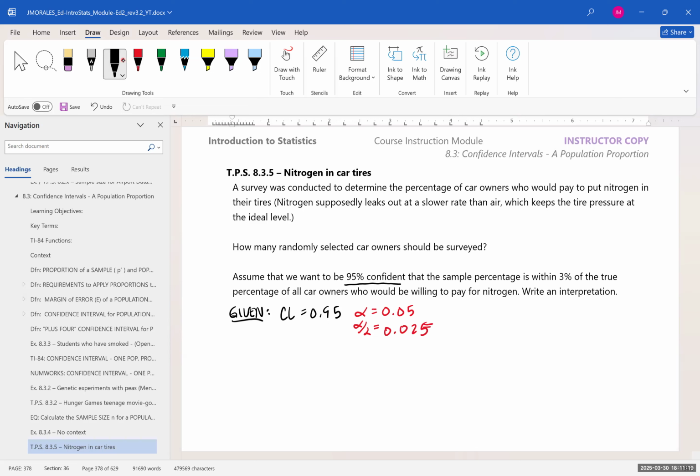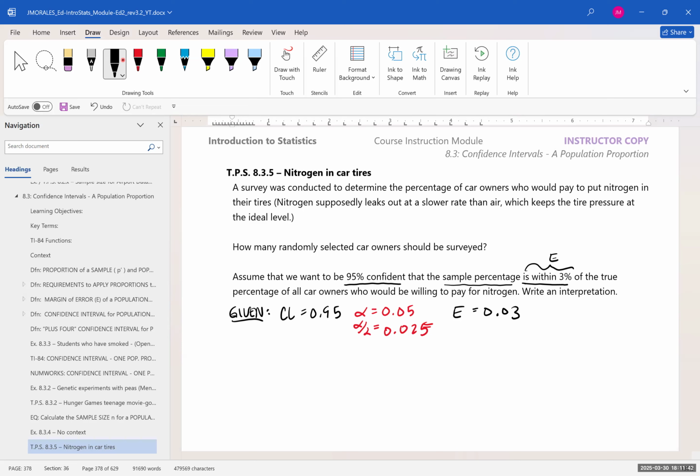Let's see what else. Assume that we want a 95% confidence and the sample percentage is within 3%. So that is our margin of error, 3%.